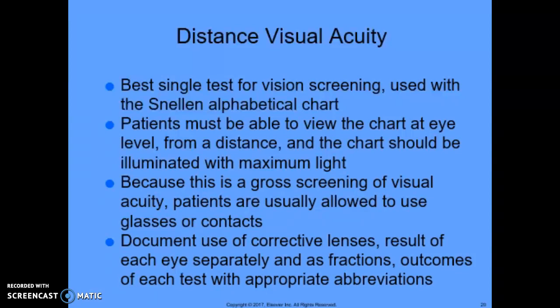The denominator, the bottom number, is the lowest line read satisfactorily by the patient. For example, if the patient reads the 20 line at 20 feet, your fraction would be 20/20, and this is what's recorded for that specific eye. The last line the patient can read without squinting or straining, or with no more than 2 mistakes, is the line that's recorded in the patient's chart.